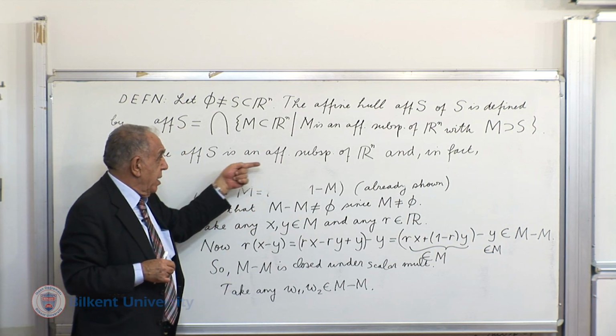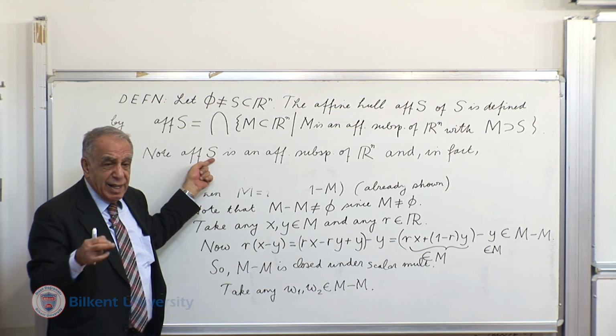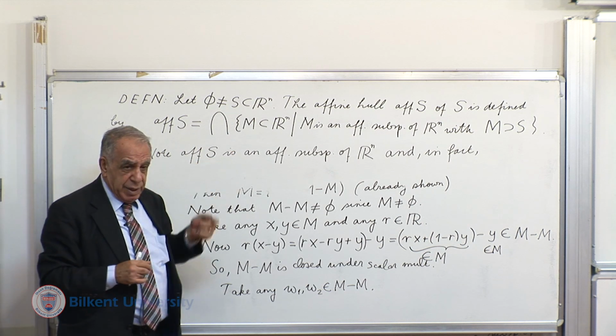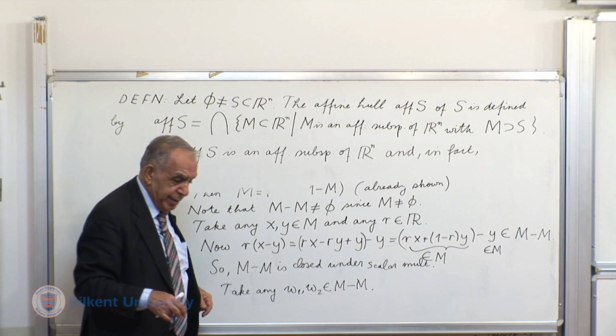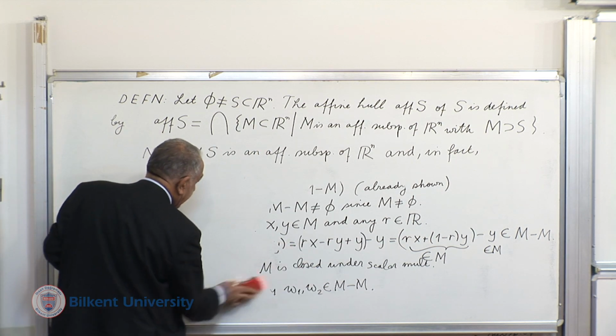So this affine hull of S will be contained in each affine subspace of Rn which contains S. In that sense, it's smallest. Smallest with respect to set inclusion.